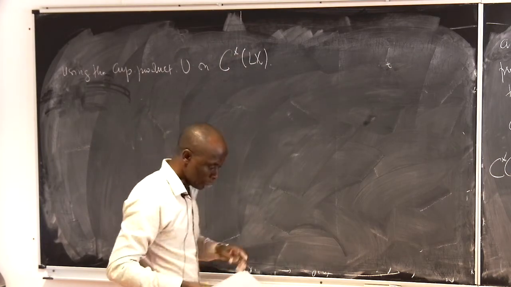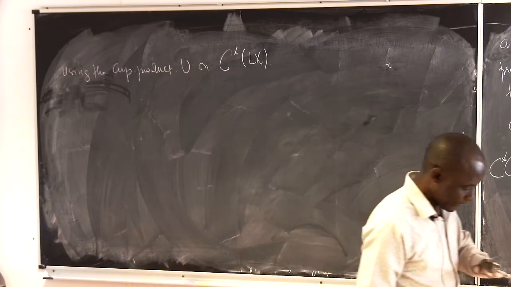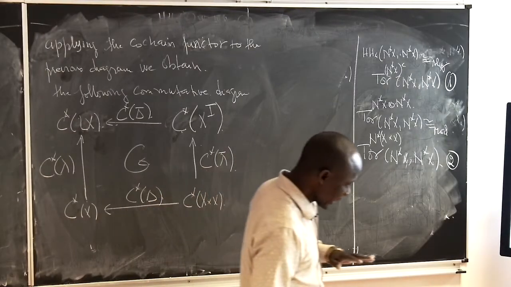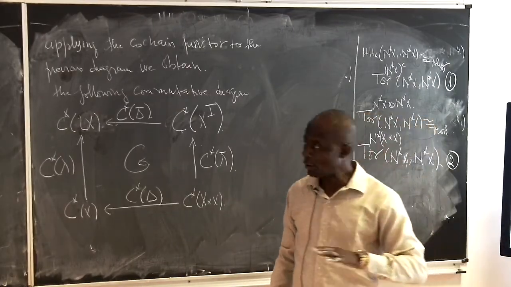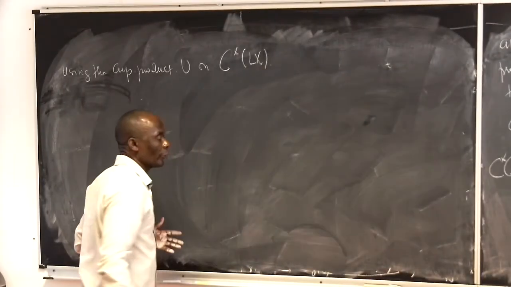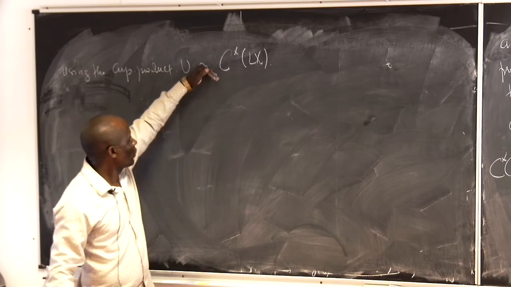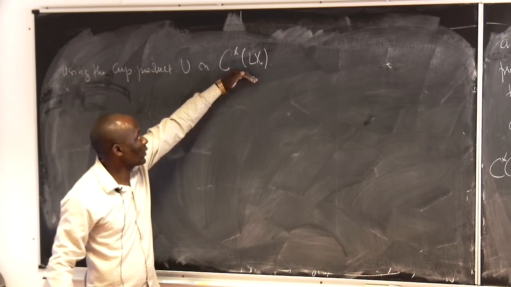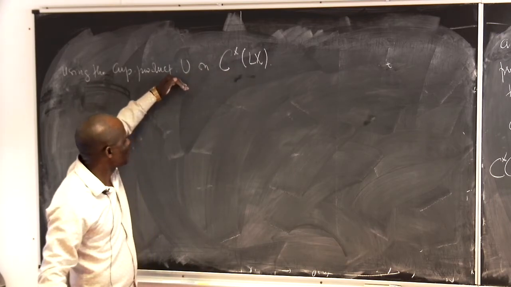I told you the other day that when you have a singular quotient, you have the structure of algebra on that singular quotient of any topological space. So on this singular quotient, we have the algebra structure given by this.